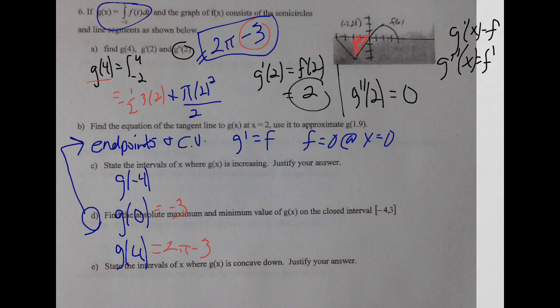And the work is really in finding what this G of -4 is. Well, I guess it's really not that bad. But I'll write it out. G of -4 is equal to the integral from -2 to -4 of f. And I'm kind of taking some shortcuts with my notation here because of space.